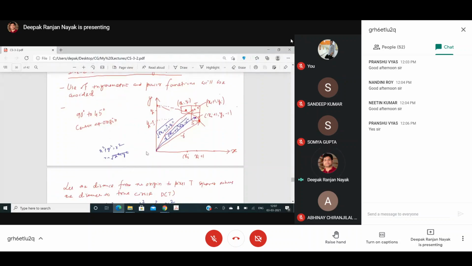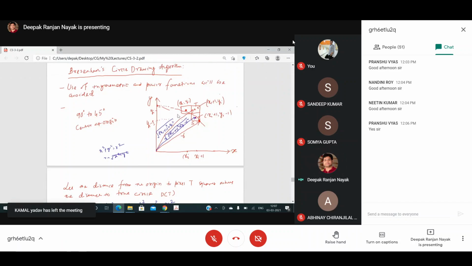So this is what we discussed yesterday. At a given point of time, you are at a position xi, yi, and you want to find the next pixel position. The next pixel position will be either xi plus 1, yi or xi plus 1, yi minus 1, as we are only considering the octant where the angles are from 90 degrees to 45 degrees.